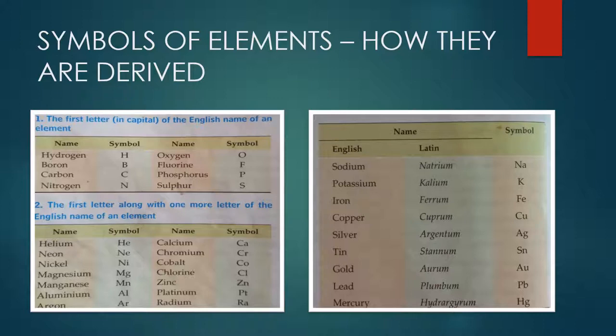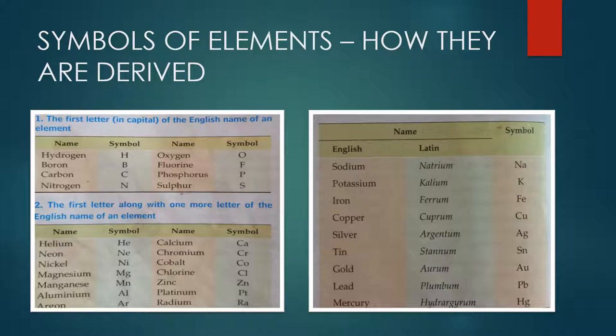Now, in this slide, we will know the symbols of different elements and how they are derived. Symbols of different elements have been derived in three ways. The first way is that the first letter, in capital, of the English name of an element is taken.